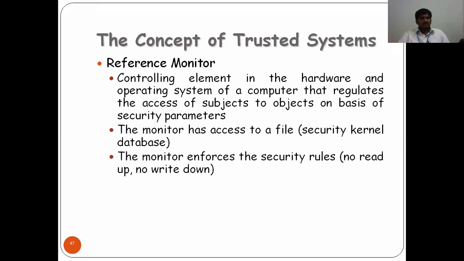In between, it acts between objects and subjects and provides regulation, meaning rules on how to access and how to process everything. The monitor has access to a file and the security kernel database, from which access is controlled. That is one.